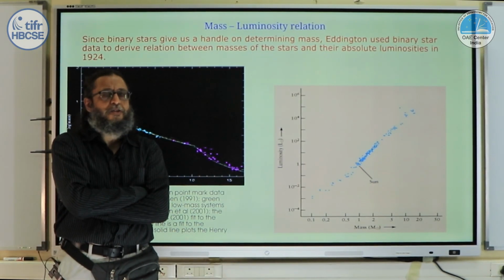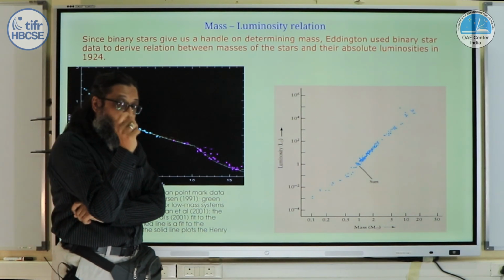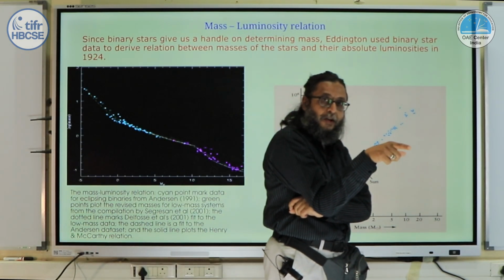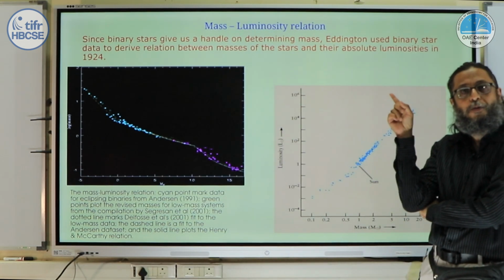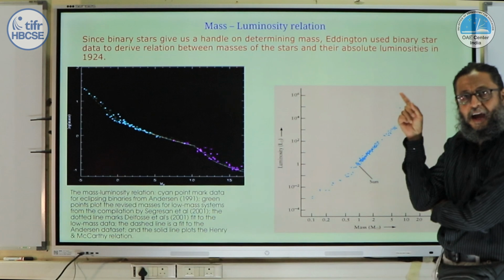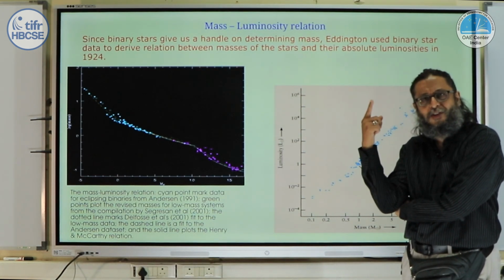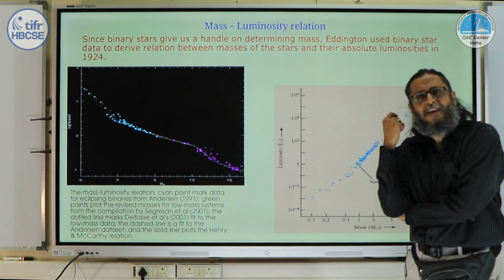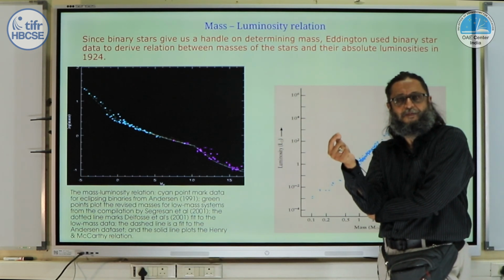One of the most important applications of the observational parameters of binary star systems is the mass-luminosity relation. And from this mass-luminosity relation, we have gained enormous insight into the stellar properties of the stars.